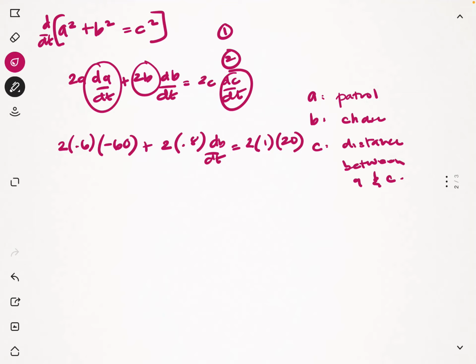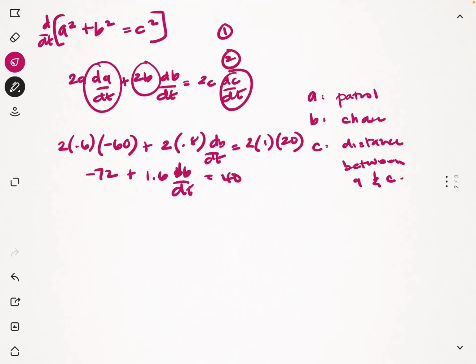Now let's go ahead and clean this all up and we'll have our answer. So 2 times 0.6 times negative 60 is negative 72. And then 1.6 dB/dt. And then the right side is 2 times 1 times 20, which is 40.